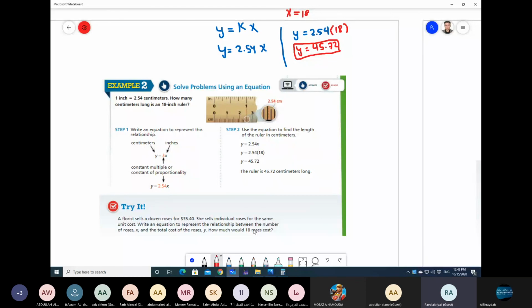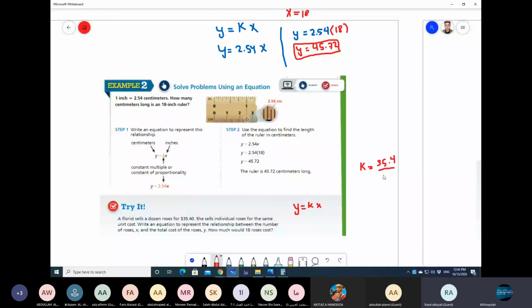Okay, here we have a florist who sells a dozen roses for 35.40. So first you write the equation y equals kx. What would be the value of k? Here we have a dozen roses for 35.40, so k will equal 35.4 divided by 12.